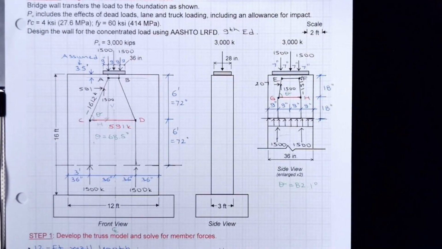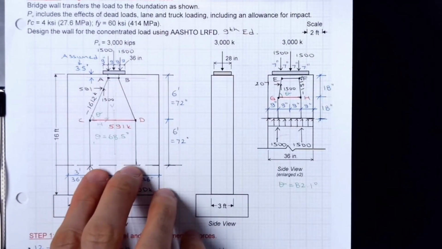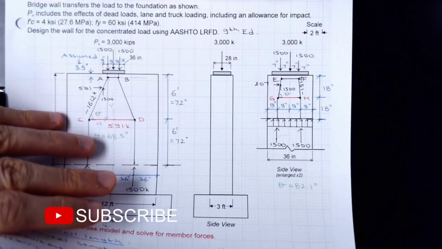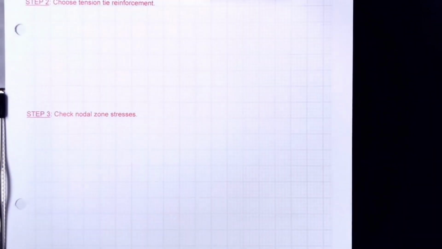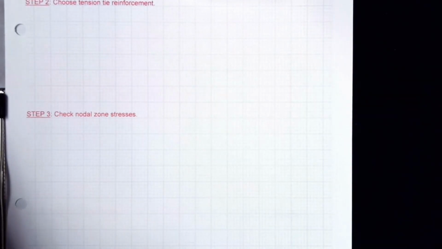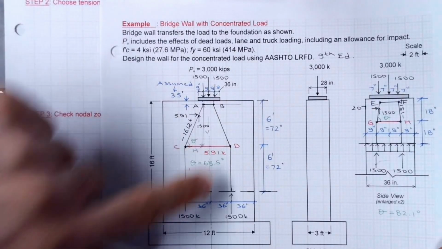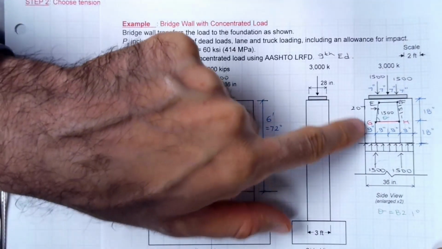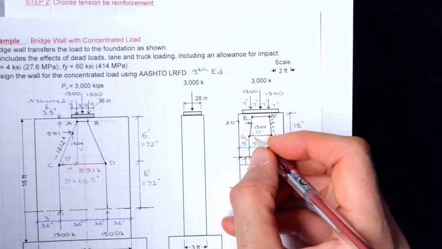That concludes the first step, which is developing the strut model. Step number 2 is to look at what is needed in terms of reinforcement. These are my standard steps. Any strut-and-tie question, I solve it using these steps. So we are going to be looking at two ties, CD with this force as well as GH with 207.